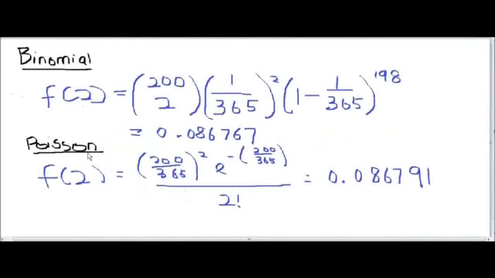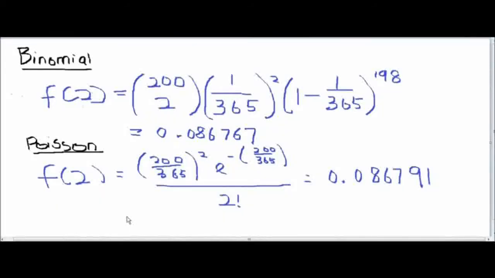Using the binomial distribution, f of 2 equals 200 choose 2 times 1 over 365 to the power of 2 times 1 minus 1 over 365 to the power of 198, which gives 0.086767.